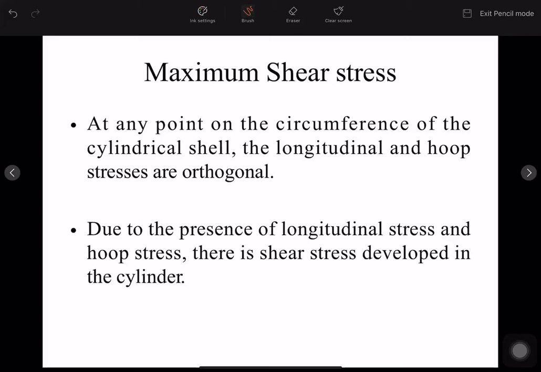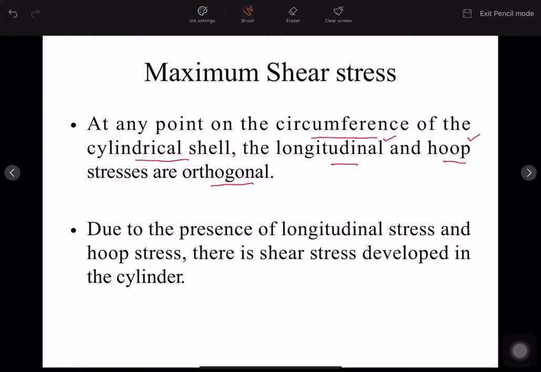At any point on the circumference of the cylindrical shell, the longitudinal and hoop stresses are orthogonal. This thing we have seen in the previous tutorial, that longitudinal and hoop stresses will be developing in orthogonal directions, that is in perpendicular directions.